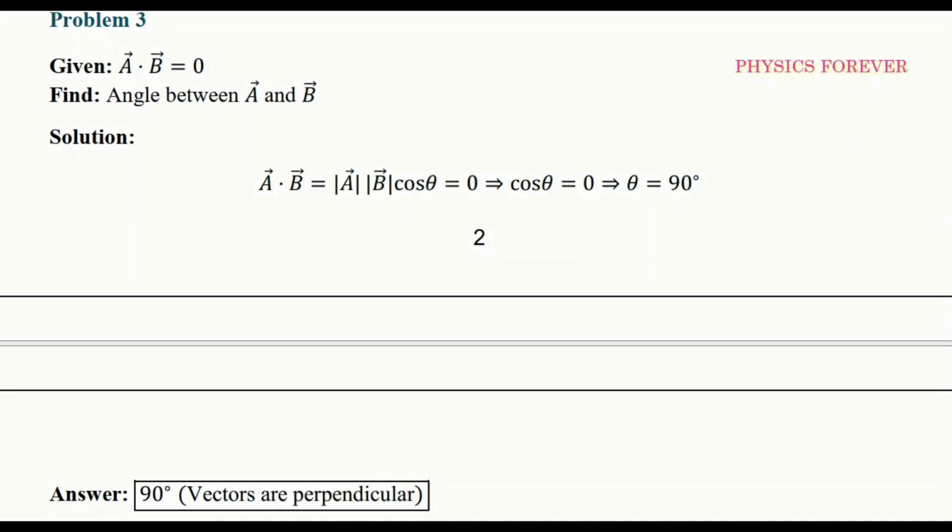So the third problem: given A dot B is equal to 0, then find the angle between A and B. So this is the formula. A dot B is equal to 0, so cos theta is equal to 0. If cos theta is 0, then theta is equal to 90 degrees.